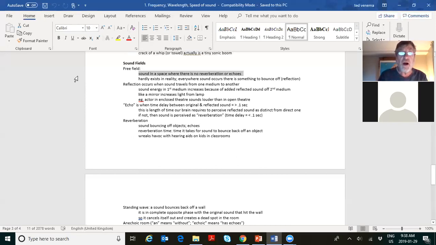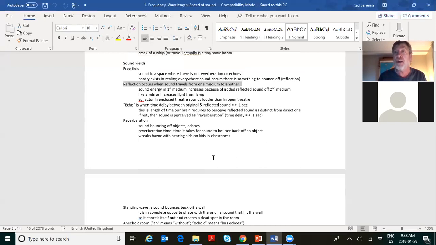That's why it says here, hardly exists in reality. Almost everywhere sound occurs, there's something for it to bounce from, something for it to reflect off of. The reflection of sound occurs when it travels from one medium to another. Well, think about it.